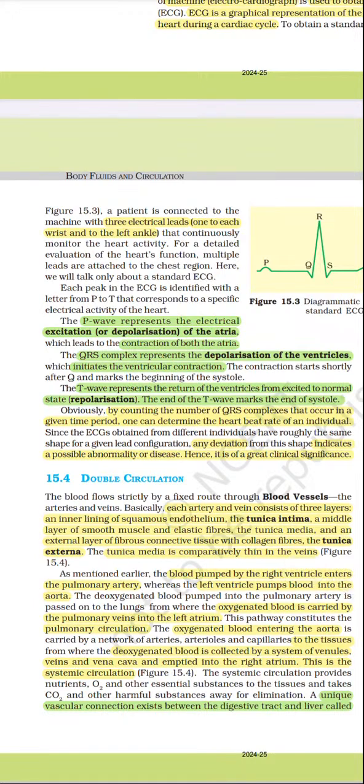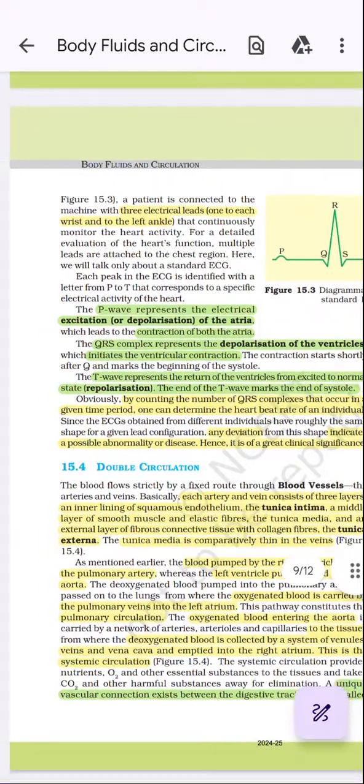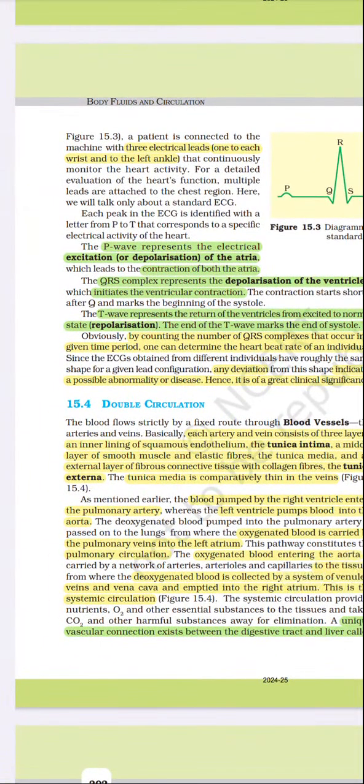Three electrical leads are attached, one on each wrist and one to the left ankle, giving the P, Q, R, S and T waves. The P wave represents the electrical excitation, or depolarization, of the atria, which leads to contraction of both atria.